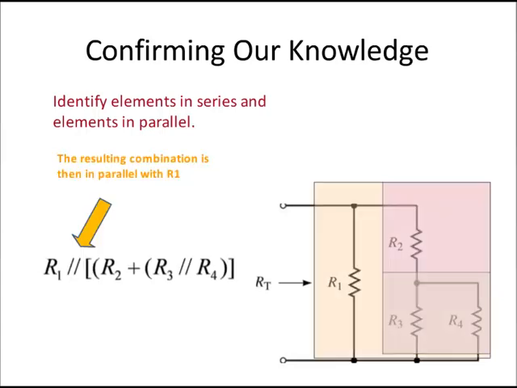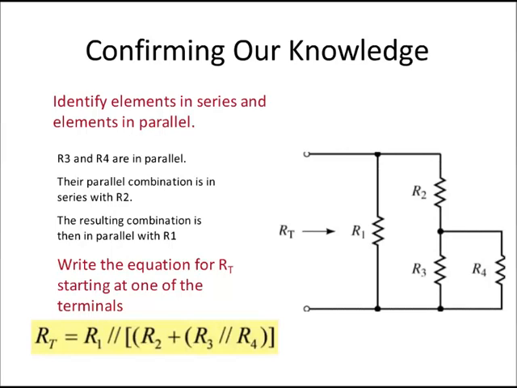So now I want to look at the relationship of R2, R3, and R4 with respect to R1. And I will note that R2 in series with the parallel combination of R3 and R4 is in parallel with R1. So I can build up the equation even further as shown. In summary, R3 and R4 are in parallel. Their parallel combination is in series with R2.